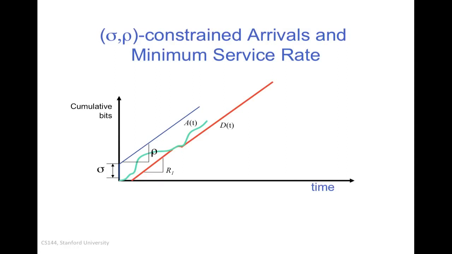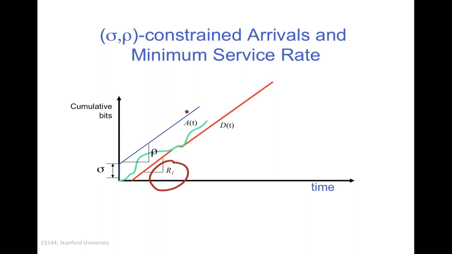Okay, to reiterate this point then, if I've got sigma rho constrained arrivals and a minimum service rate, so my minimum service rate here is R1, that's the rate at which the queue is being served. I've got a cumulative arrival process here, the green-blue line, and then the departure process here, the red line. And I'm going to constrain A of t to always lie below this sigma plus rho t line.